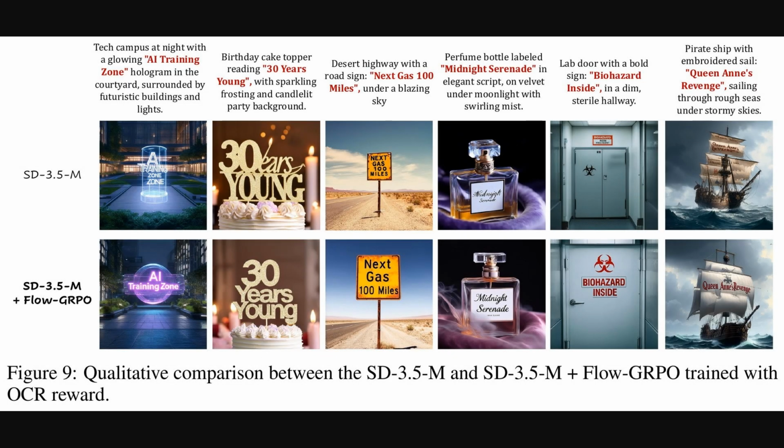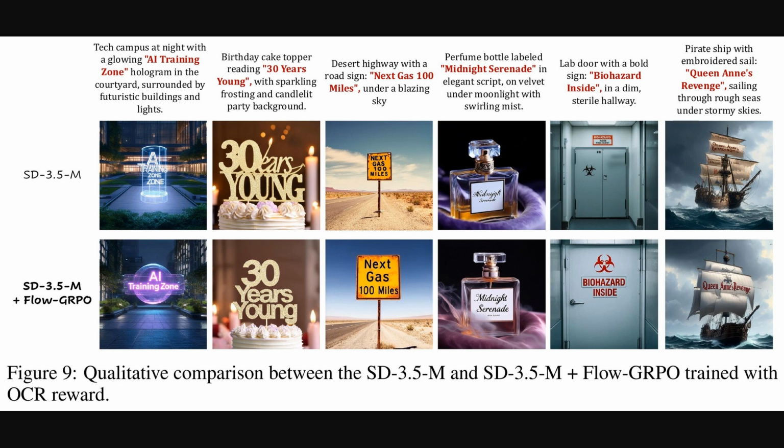Okay, after seeing those human preference improvements with PickScore Reward, Figure 9 shifts focus to another area where Flow-GRPO really shines, and that's text rendering. This time, the model was trained with Optical Character Recognition Reward, or OCR Reward. This basically means the model gets rewarded if the text it generates is clear and accurately readable, like by an optical character recognition system.